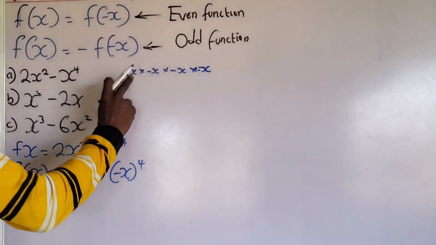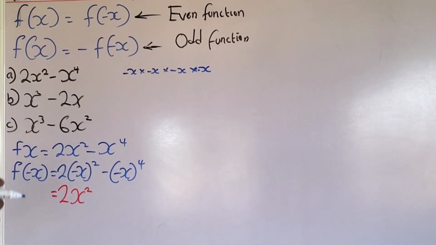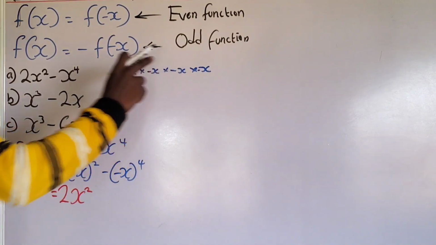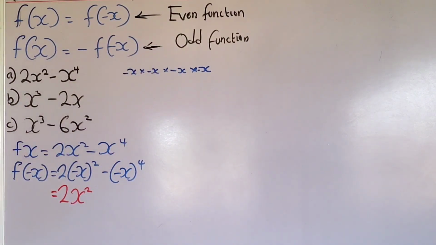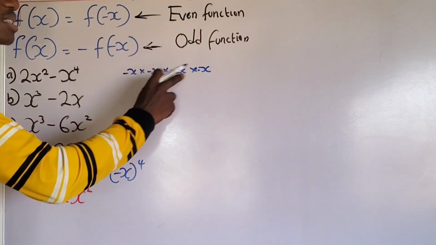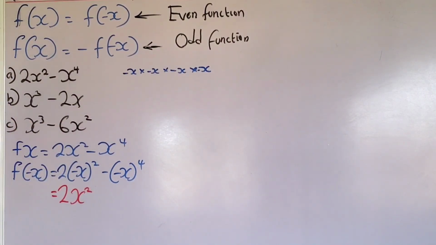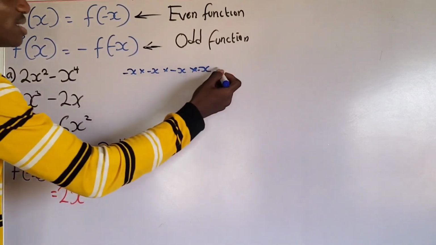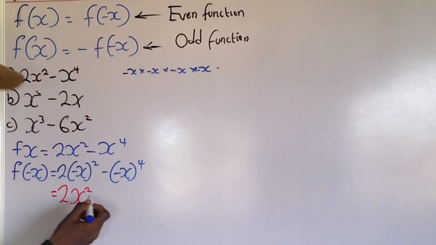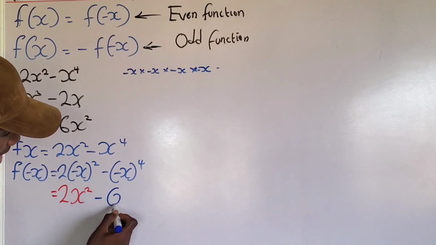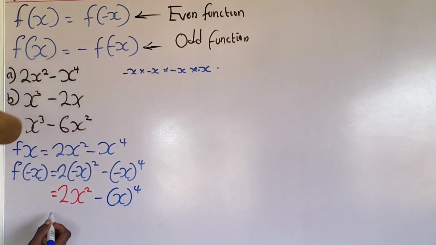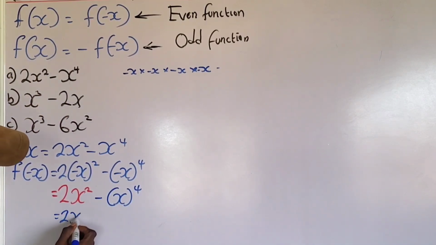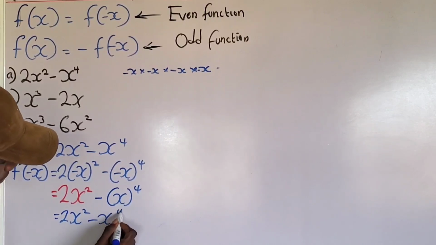Negative x times negative x is positive x squared. Positive x squared times negative x is negative x to the power of 3. Negative x to the power of 3 times negative x is positive x to the power of 4. So this is x to the power of 4. Now here I'm going to have minus x to the power of 4. So this will give me 2x to the power of 2 minus x to the power of 4.